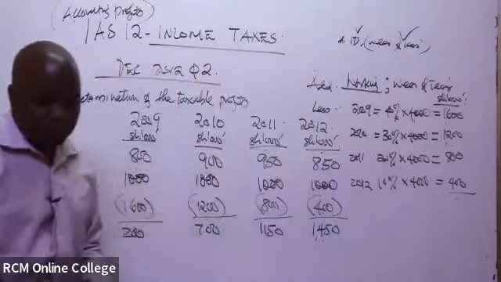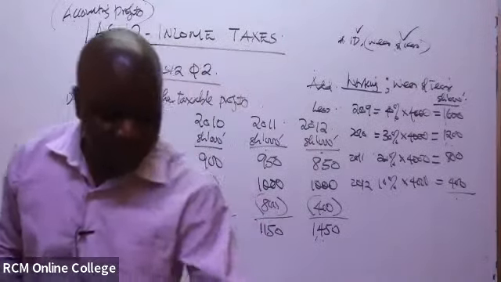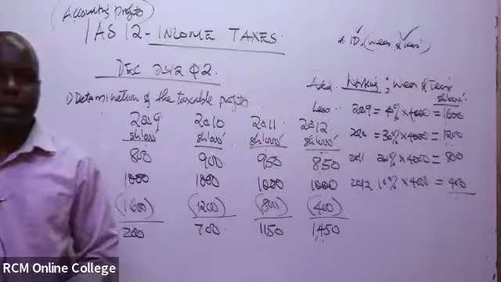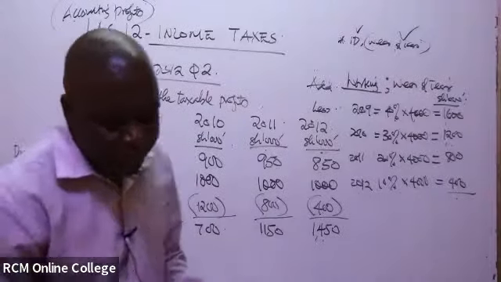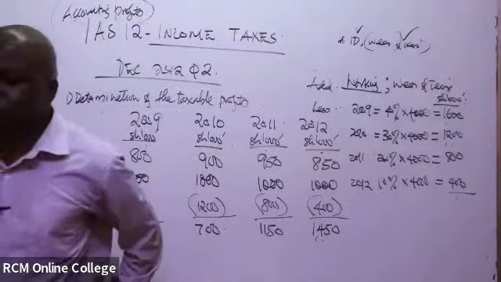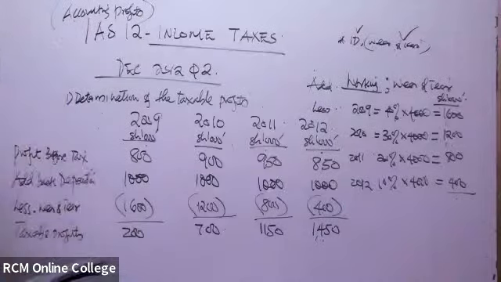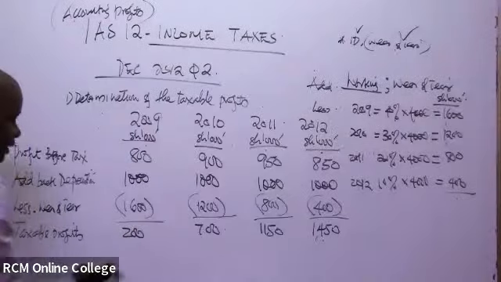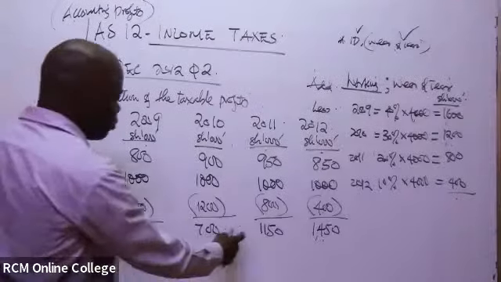If you look at the question, the corporate tax rate is 30%. They have not actually called upon us to determine the current tax, but in any case, the current tax would have been 30% of these taxable profits.